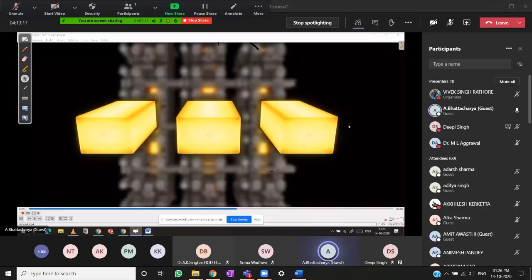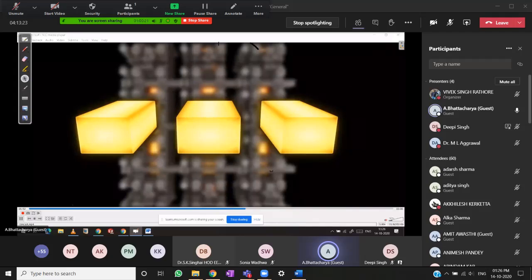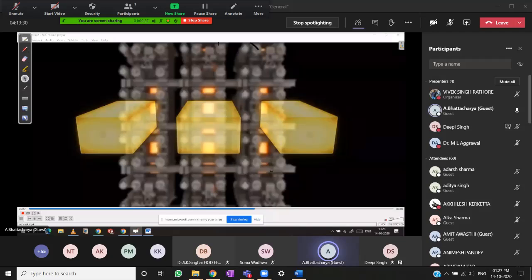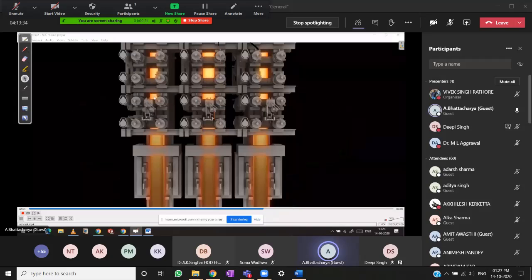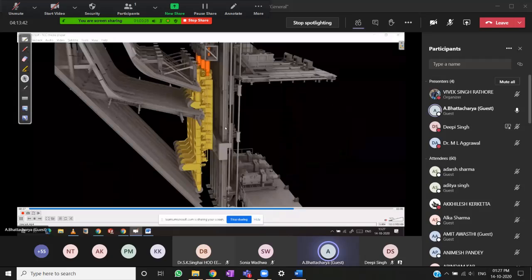When it becomes sufficiently long, it is cut and supplied to the rolling mill. Here at the bottom, the solidified steel is cut. The cutting car is also moving with it so that they cut it at a particular length. You can see, these are the blooms.